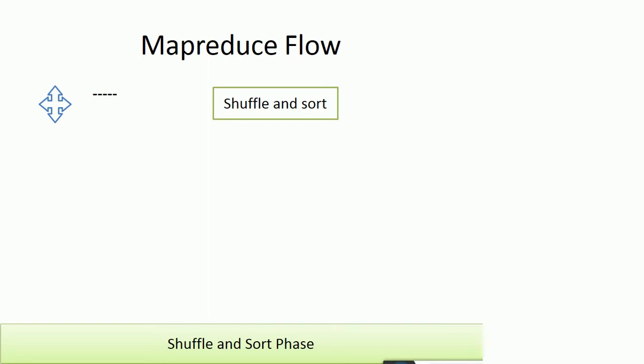It is basically for organizing and preparing the data, which is the output of the map phase. The output of the map phase is organized with the help of shuffle and sort and sent to the reducer. At this phase it is determined how many reducers will actually get started, that means how many tasks will get started at the reduce phase. At this phase only we will get to know. We'll discuss it.